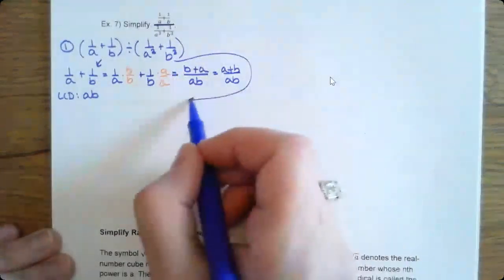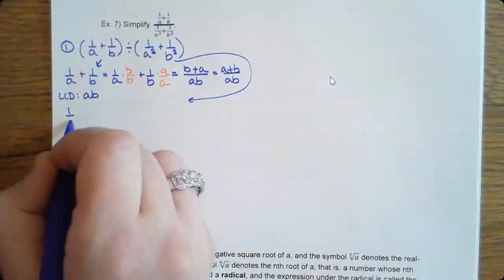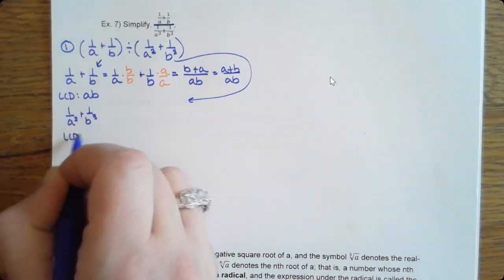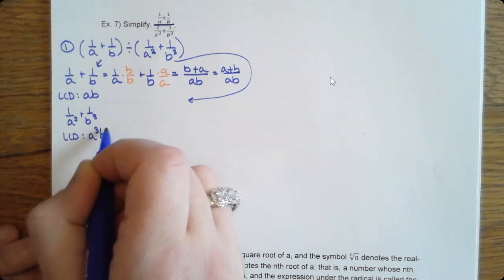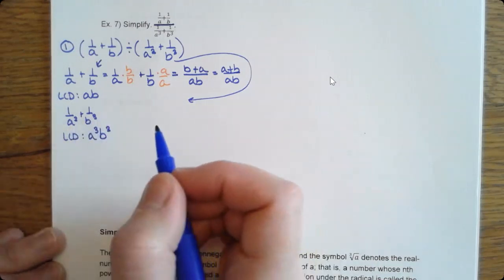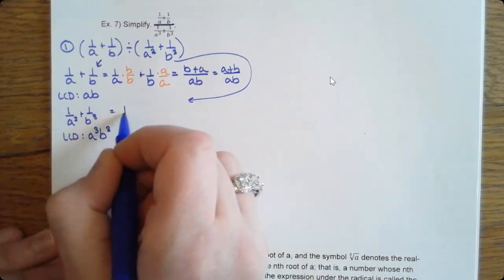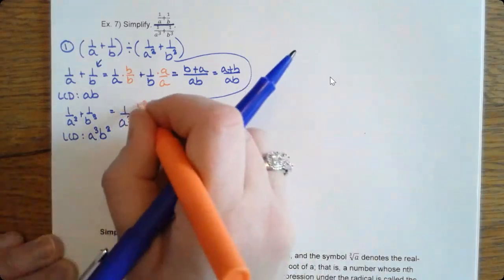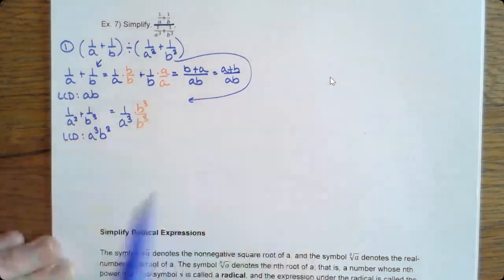Then I would do the other one. So I'm going to come down here and do the same thing. My LCD is going to just be a cubed b cubed, because again, there's nothing to really factor there, so I'm just going to try to combine them. And you're going to multiply by what's missing. So it's going to be b cubed over b cubed.